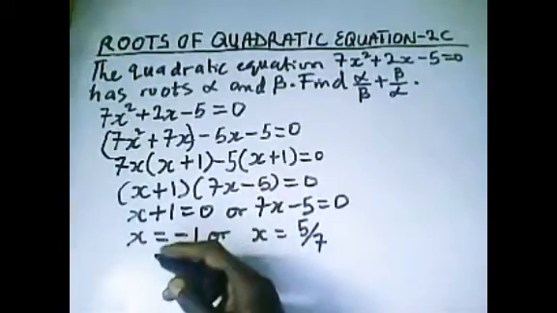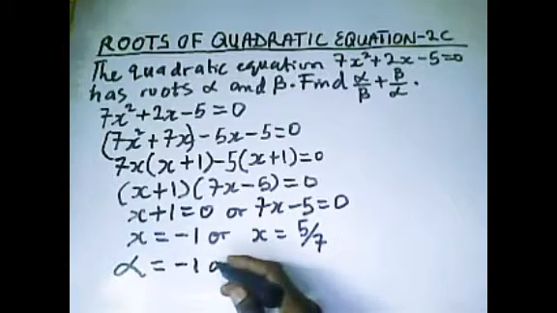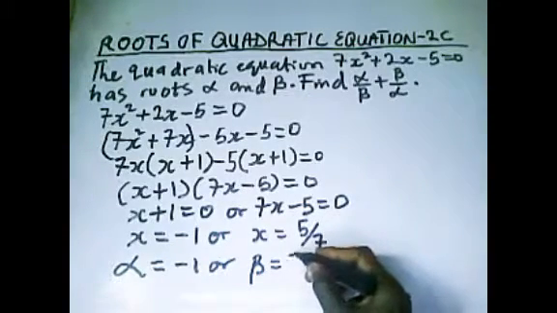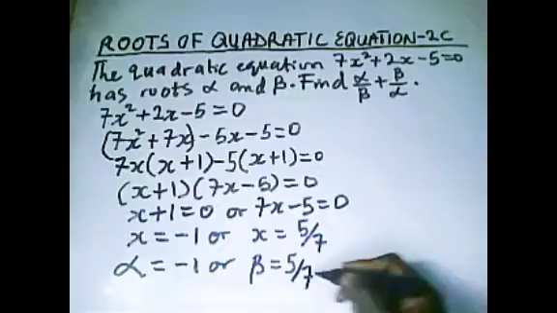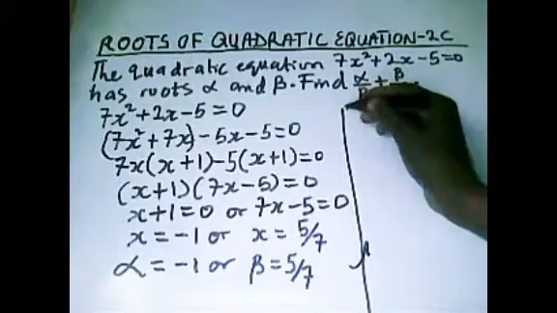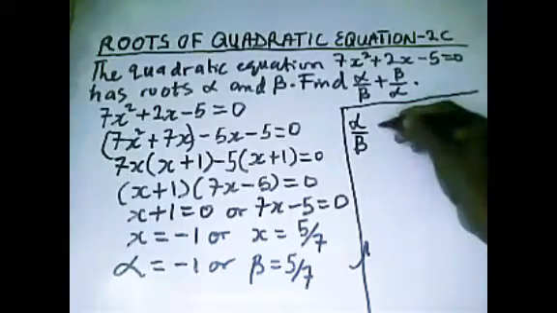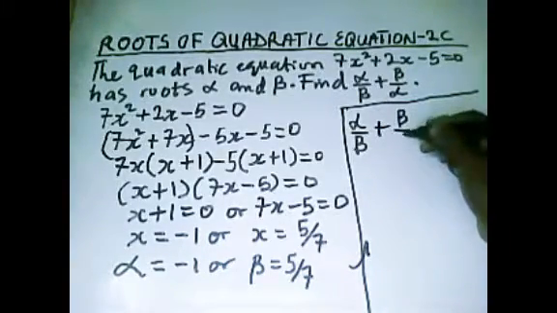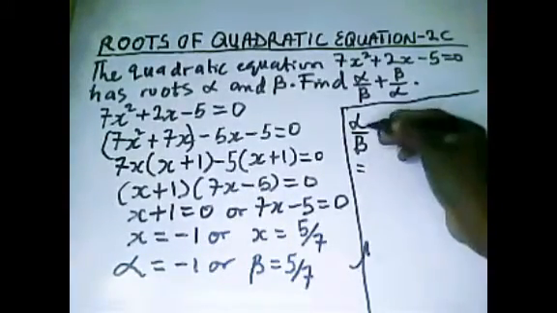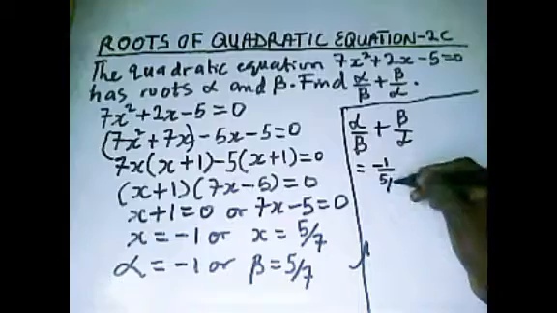Now this means that the value for alpha is minus 1, and the value for beta is 5 upon 7. So how do we solve this problem? Now we can move up here to solve it. Our alpha upon beta plus beta upon alpha will give us, therefore, alpha is minus 1 upon beta is 5 upon 7.